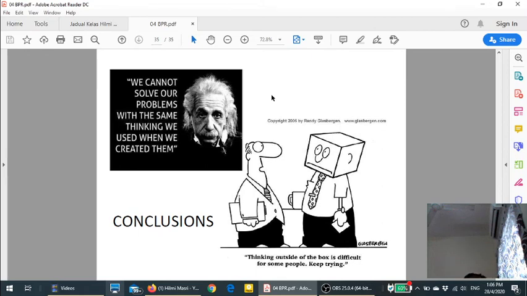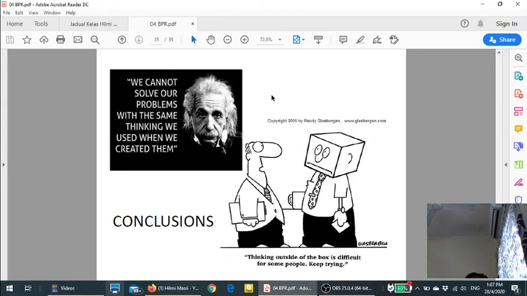That kind of thinking we must try to adopt, because in the first place when we conduct our management, we must think 5 to 10 years ahead, rather than just solving the problem at that moment only. So that is essentially what business process re-engineering is all about.